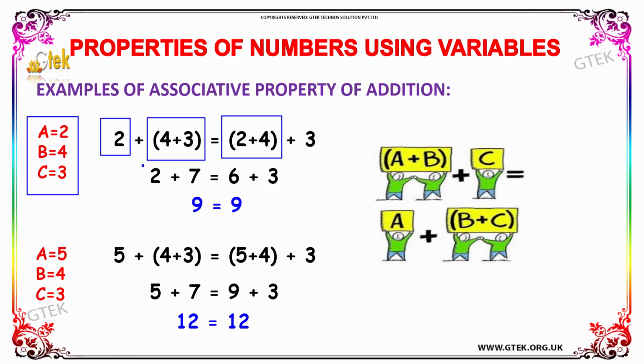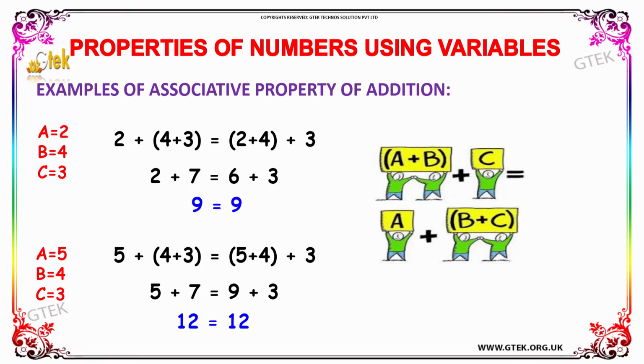On adding up these terms, the 2 is carried over here. Adding 4 plus 3 gives 7. Adding 2 plus 4 gives 6. And then the third term. So we get an answer of 9 on both sides.